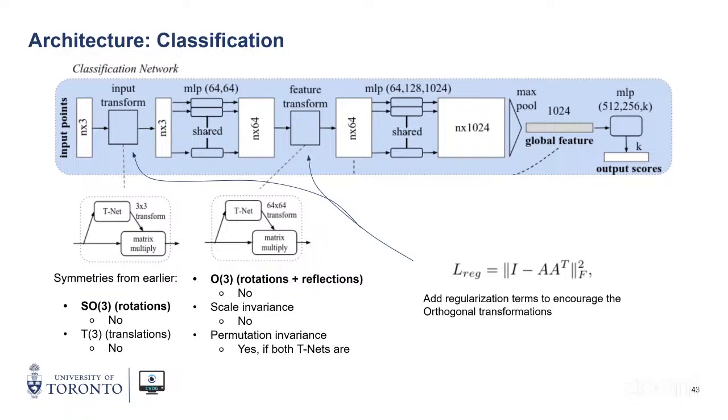Anyone heard that before? Does that ring any bells? So it's a rotation or reflection matrix if and only if AA transpose is equal to the identity. Right. So does anyone see where this is going?